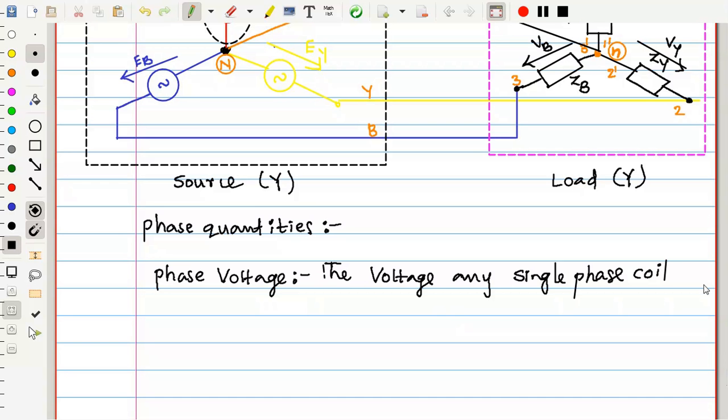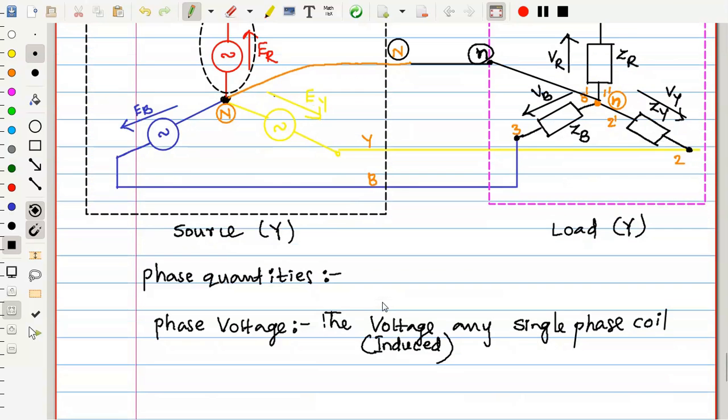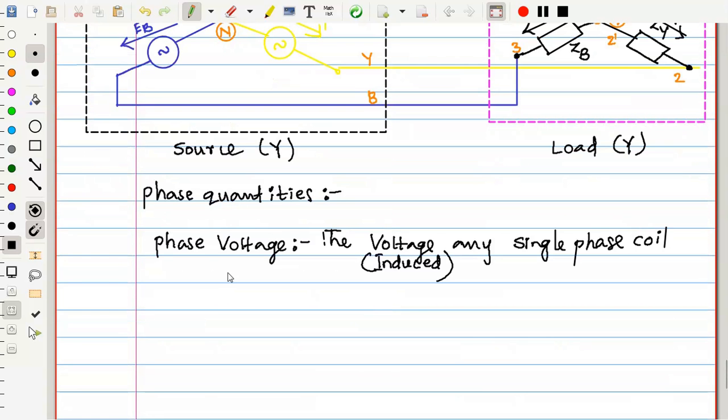Here voltage is nothing but induced voltage, that you should understand. For a generator it is induced voltage. Now can you see what those voltages are? For coil 1 the voltage induced is ER. So can I say ER is one phase voltage. Similarly EY is another phase voltage. Similarly, EB is another phase voltage.